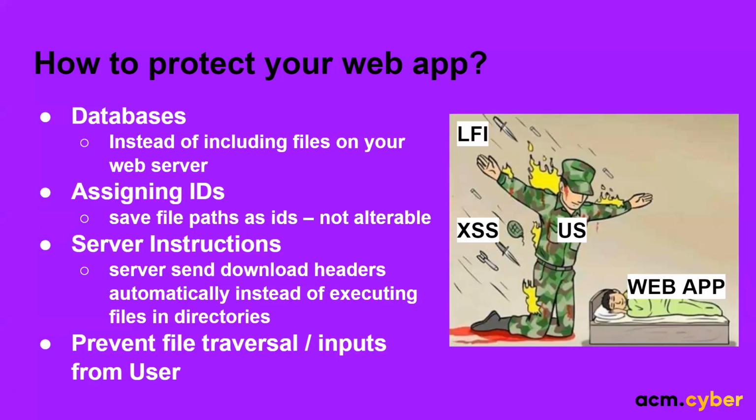You can simply put the ID in and the ID equals the path name. And then server-side instructions: servers send download headers automatically instead of executing files in the directories. And again, preventing file traversal and validating inputs from users will prevent people from simply typing in equals and changing it to show things on the web page.